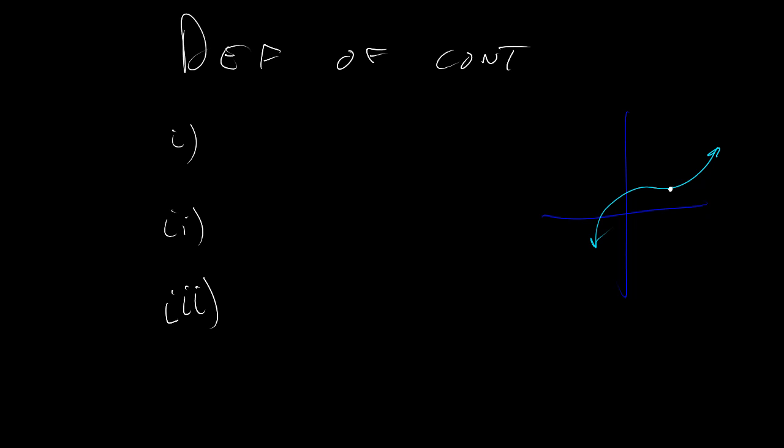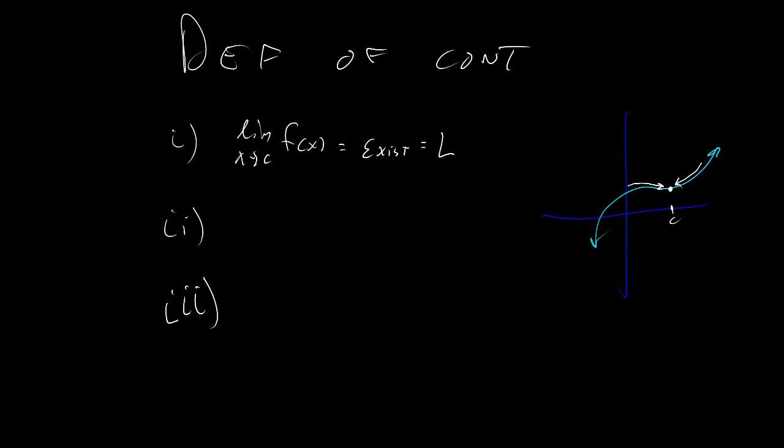So the first part is if we take this point and we come from the left and right hand side of it, the limit is going to be the same. So we're going to say the limit as x approaches c, any number, because if the line's continuous, every single number we pick will work. The limit as x approaches c of our function is going to exist, and we're going to call that L.